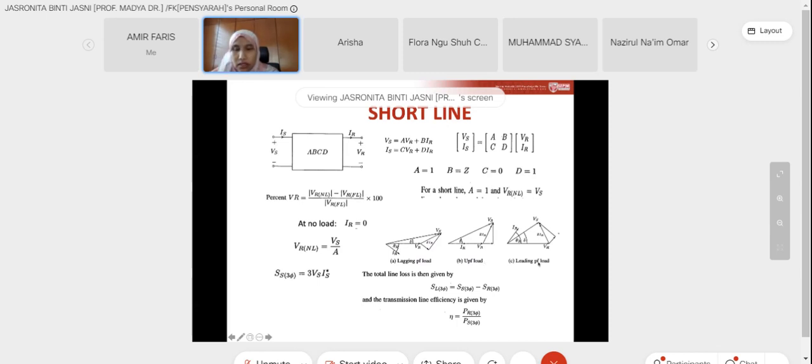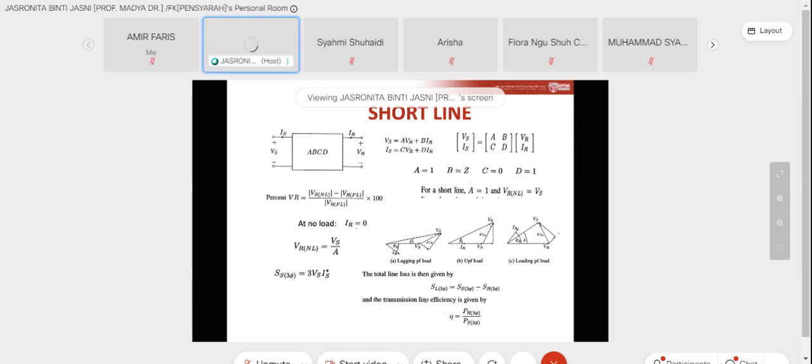The total line loss is like this, whereby we take the apparent power at the sending part and minus the apparent power at the receiving part. Then we get the efficiency. Okay, so far so good, class.